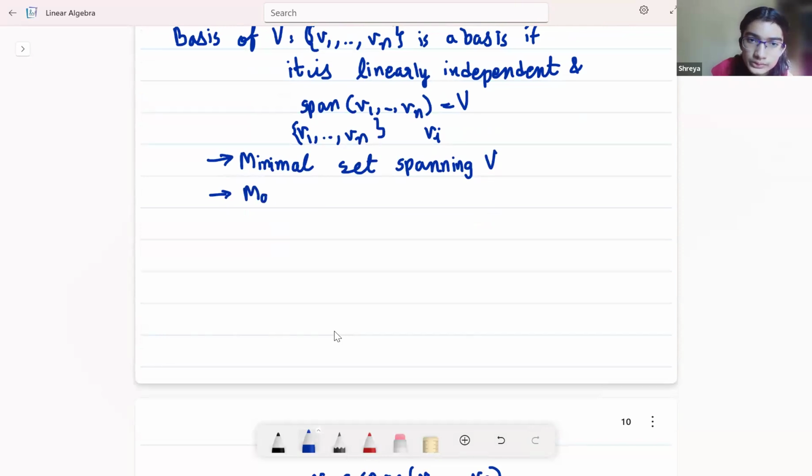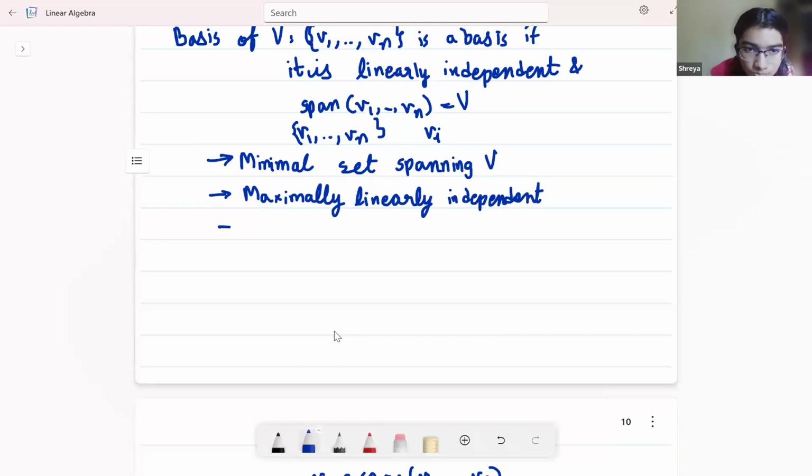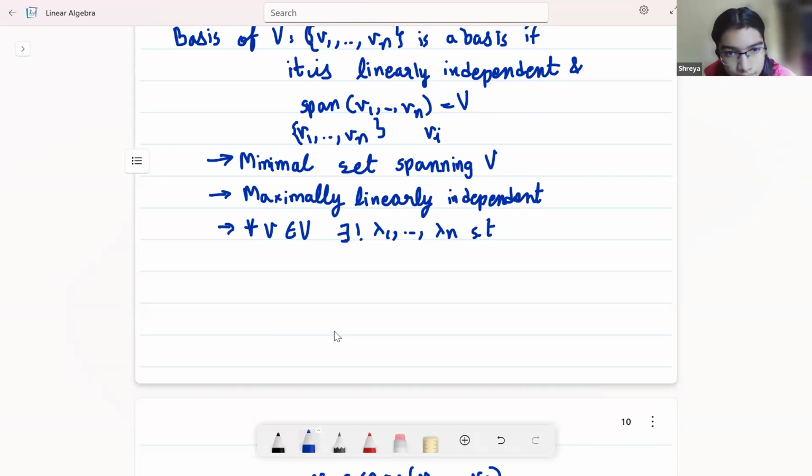And also, for all v belonging to V, there exists unique lambda 1 up to lambda n such that v equals lambda 1 v1 plus and so on.